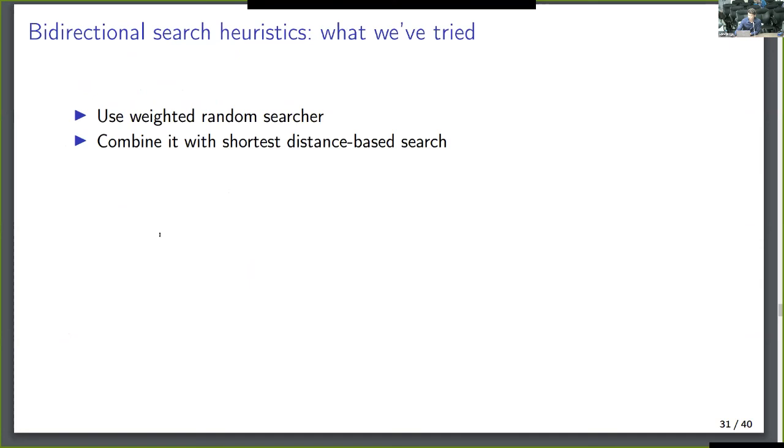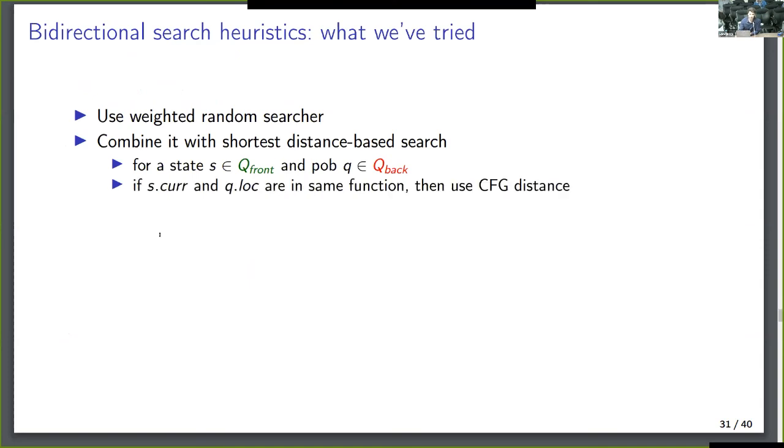We have also tried some search heuristics, like using weighted random searchers and combining them with shortest distance based searchers. So we propagate the states which reach one target in the least possible number of steps. For some states, we calculate just the CFG distance if they're in the same function, or otherwise append the call graph distance to it.